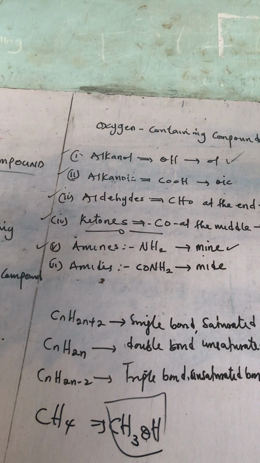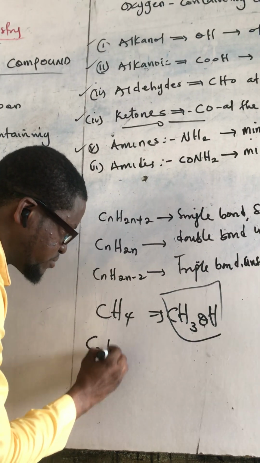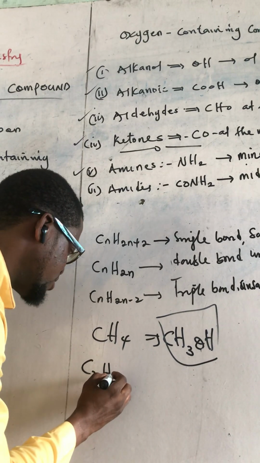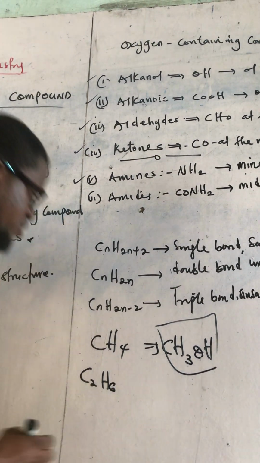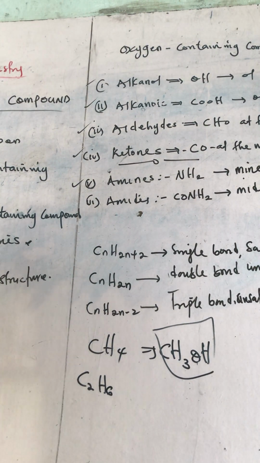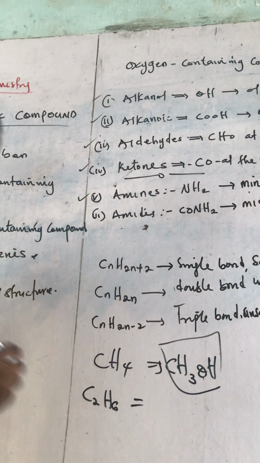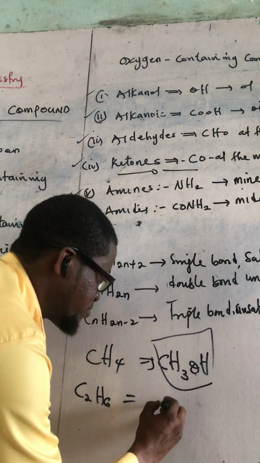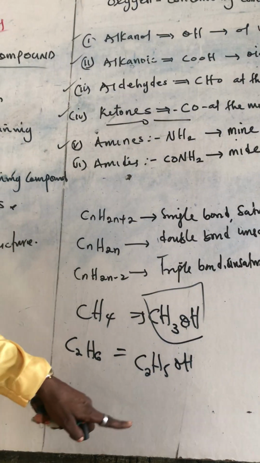The second of alkane is ethane. Let's look at ethane. Ethane is C2H6. If I'm not mistaken, that's 2 times 2 plus 2. So it's correct. So if you remove just one hydrogen atom, we're having C2H5OH. This is what?